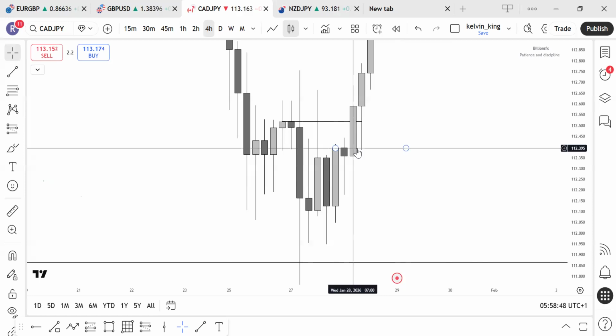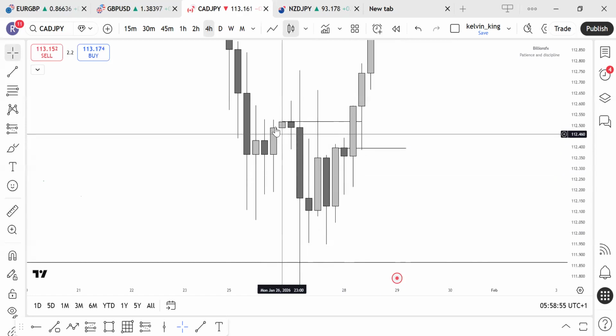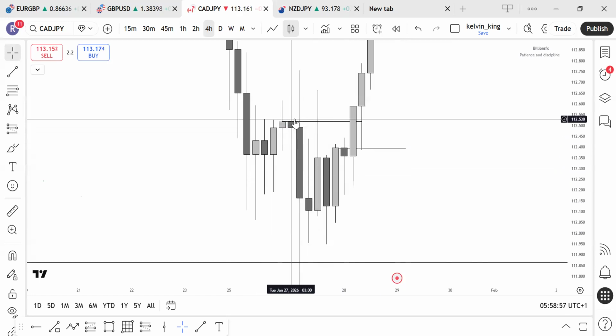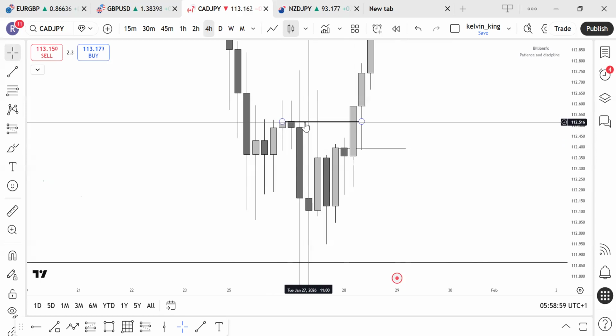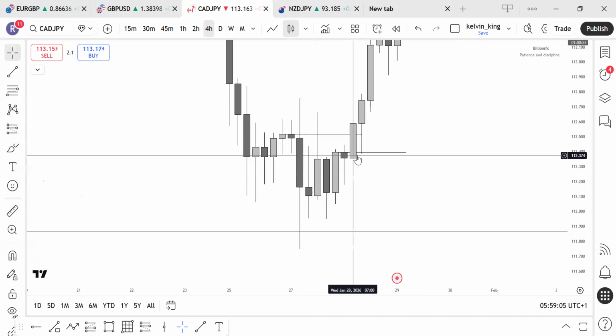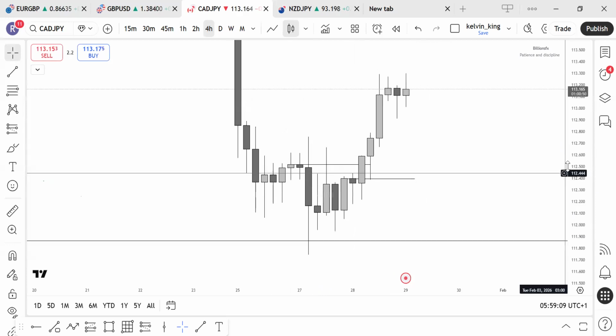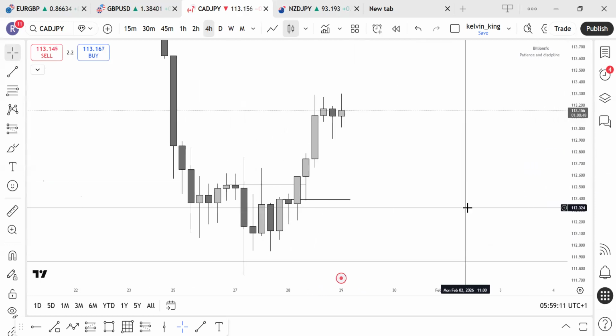Because it happened after price has tapped into this key level. So this is internal break and this is external break. I remember I told you that external breaks are majorly used to confirm your direction, while internal breaks most of the time are used for entries. That is why continuation pattern is the best.